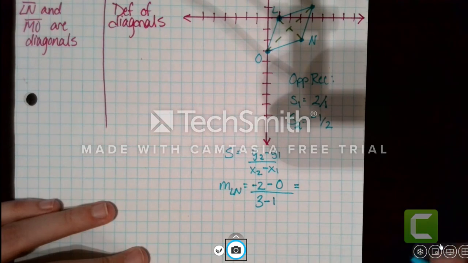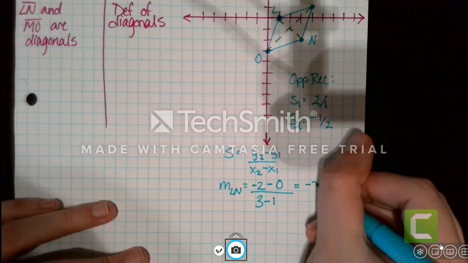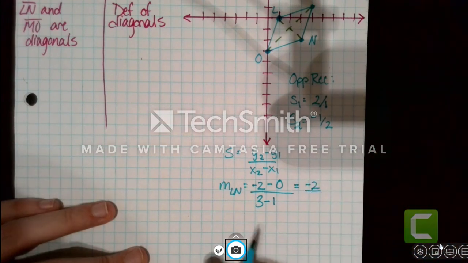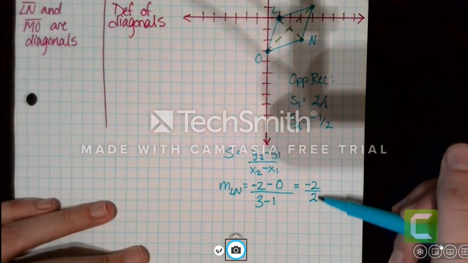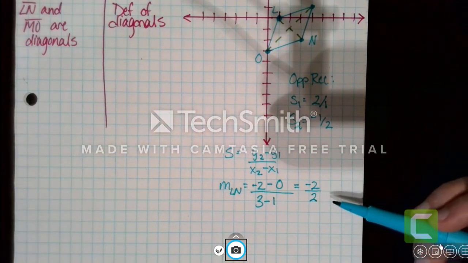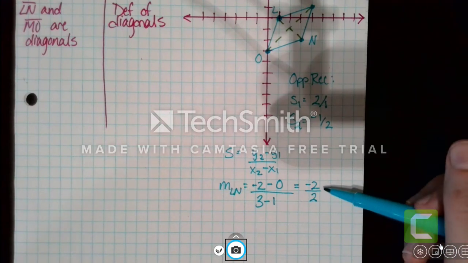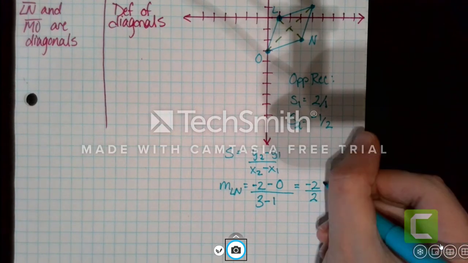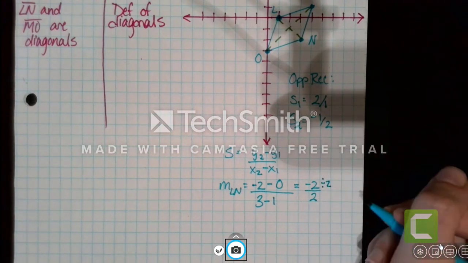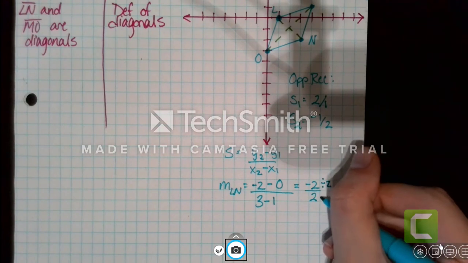Solving algebraically, we have negative 2 minus 0, which leaves us with the original value of negative 2. But we have 3 minus 1, and 3 minus 1 gets us a positive 2. Now all fractions are considered division problems, which means that right now if I wanted to simplify, I would divide 2 into the top and the bottom, which means that I do negative 2 divided by 2 and positive 2 divided by 2.